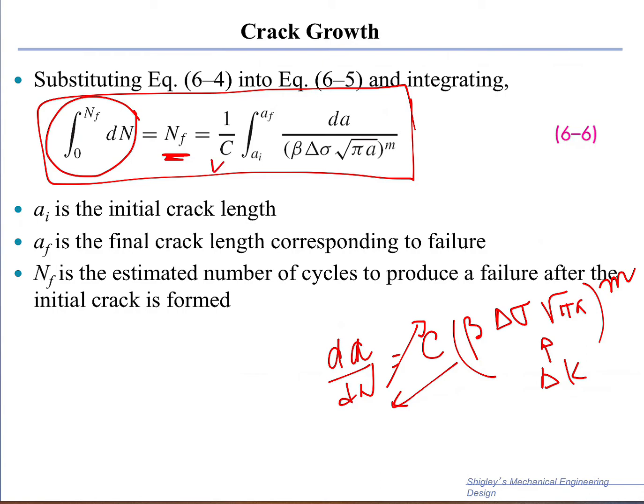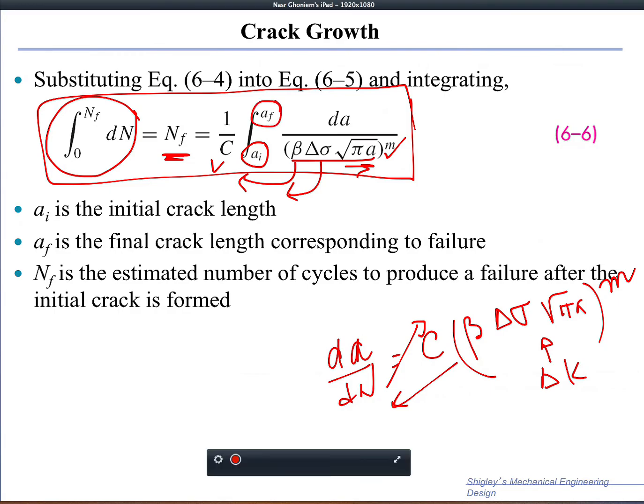And I have the Paris constant C and the second Paris constant m, and then I can do the integration. If I assume beta is constant, I can pull it out. Delta sigma is constant, I can pull it out. And I can leave the square root of pi a inside the integral. That's no problem. Notice that I must know an initial crack size and a final crack size.